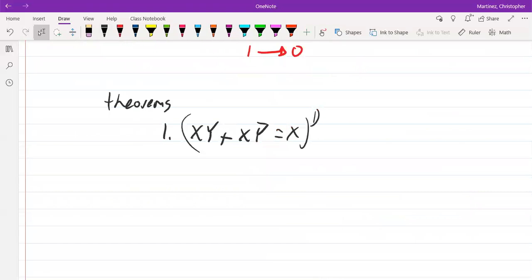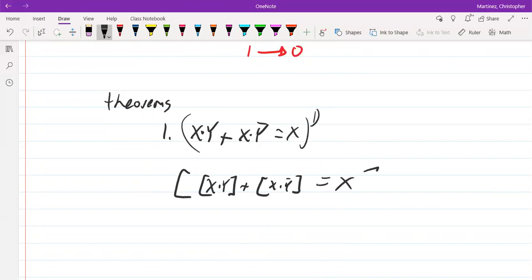Okay, so what are we going to do? Let me put in the dots because those are going to change. Let me put extra brackets. So I have x dot y. That's a term, that has to be in a bracket, plus an x dot y bar. That's in its own bracket, and that's equal to x.